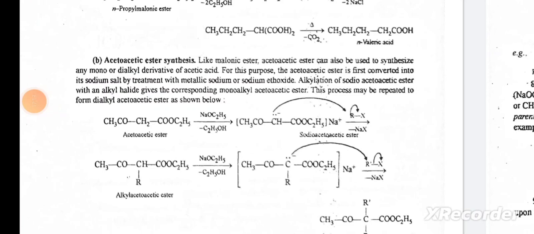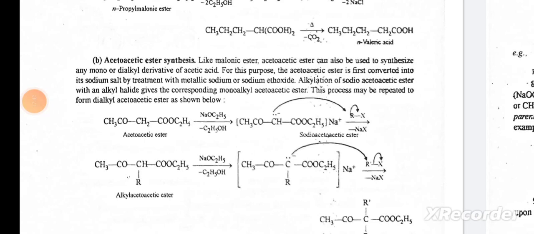Acetoacetic ester syntheses. Like malonic ester, acetoacetic ester can also be used to synthesize any mono or dialkyl derivative of acetic acid. For this purpose, the acetoacetic ester is first converted into its sodium salt by treatment with metallic sodium or sodium ethoxide.